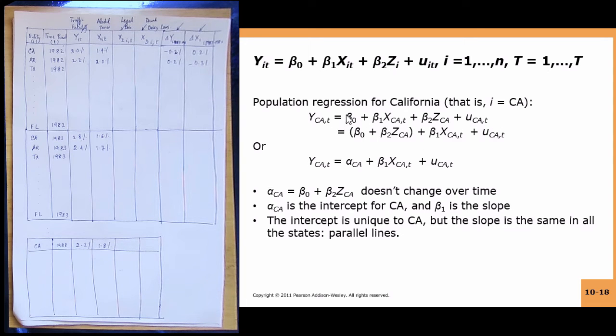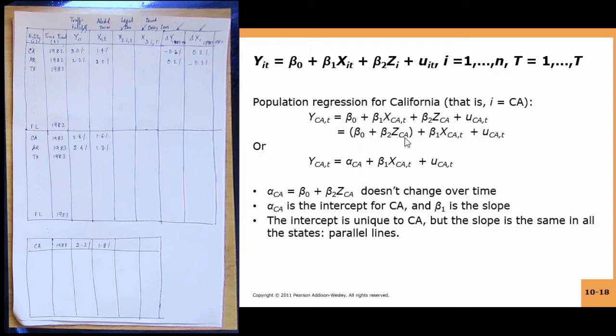Okay. Over here, this is not a function of t, so it doesn't change over t. Here, the y variable is only changing over t. So beta 0 plus beta 2 zCA, you take within the bracket.